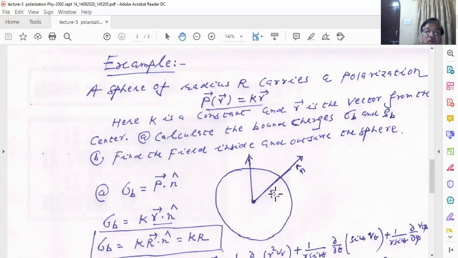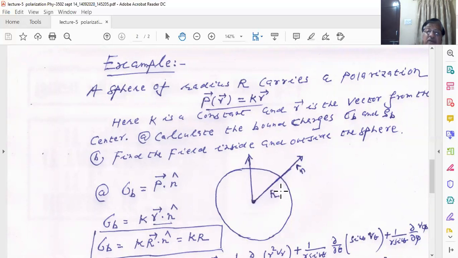Now first, the surface charge density of the bound charges is always given by the scalar product of the polarization vector P with the unit vector n. I substitute the polarization: P is k times vector r, dotted with unit vector n. The radius vector r is in the direction of unit vector n.